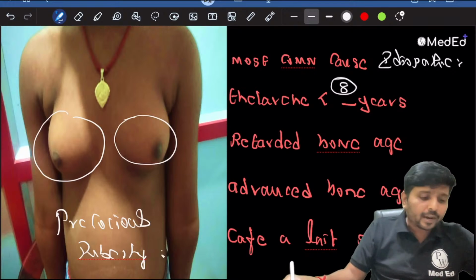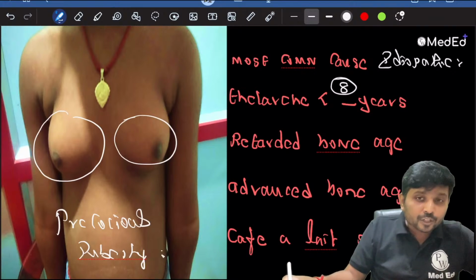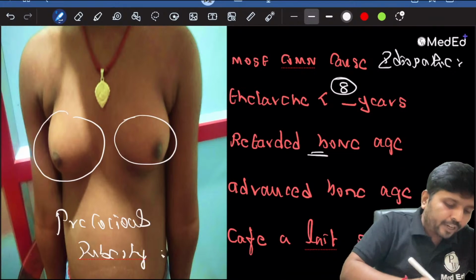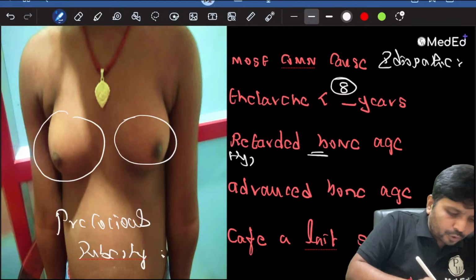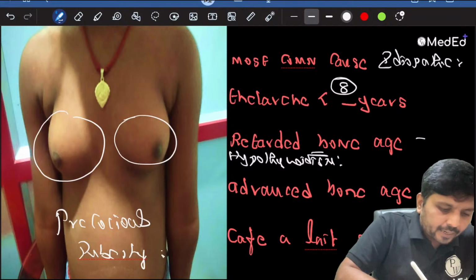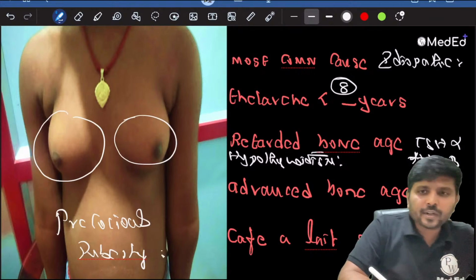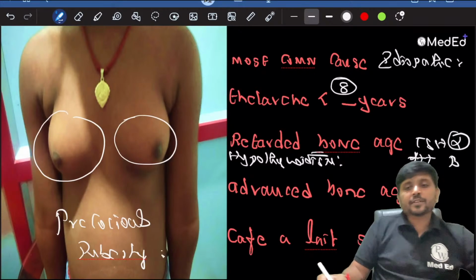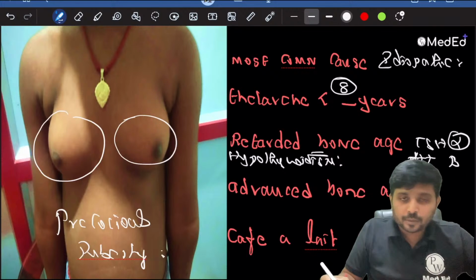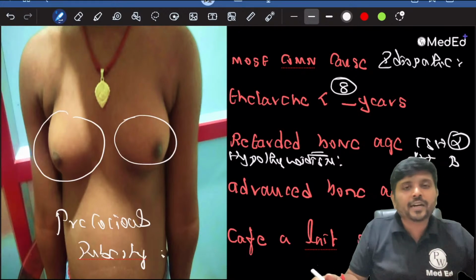Okay, whenever you have precocious puberty with retarded bone age, it is usually due to long-standing untreated hypothyroidism. Why? In untreated hypothyroidism, TSH will be very, very high. TSH has an alpha subunit and a beta subunit. The alpha subunit of TSH and the alpha subunit of LH and FSH are one and the same.